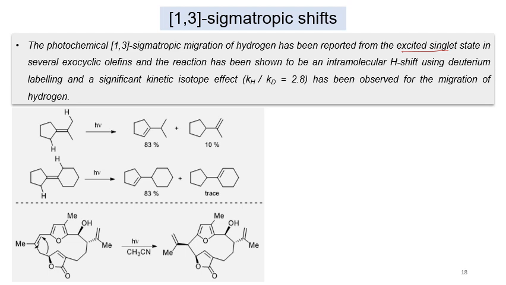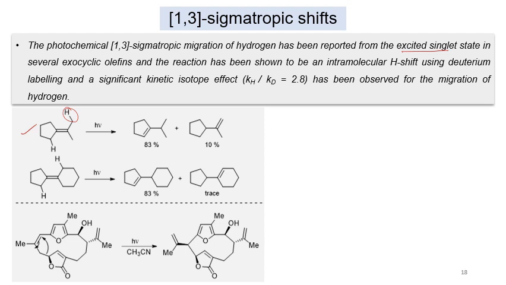For example, you consider this particular example for the exocyclic olefin. Now, if you replace this with deuterium, you can very easily see that this H will now end up at this particular position.